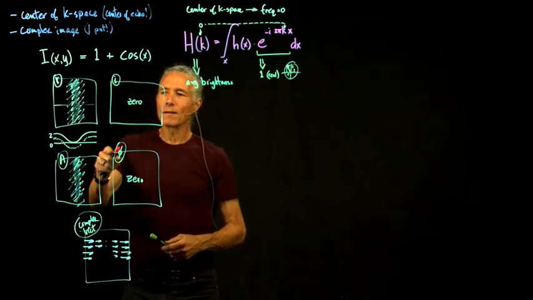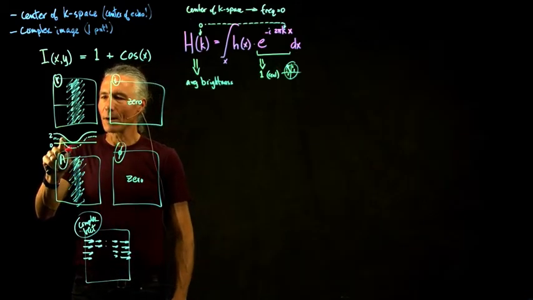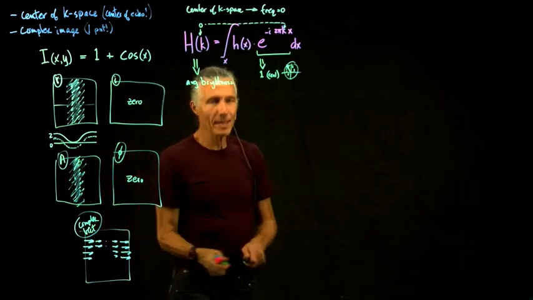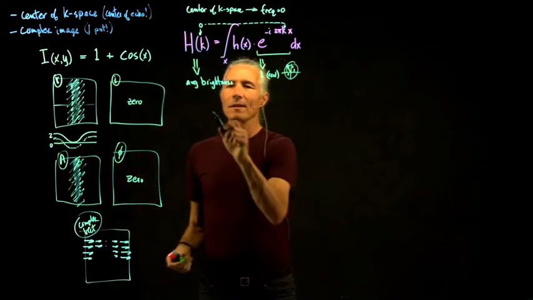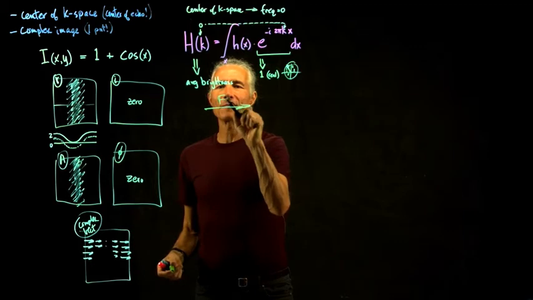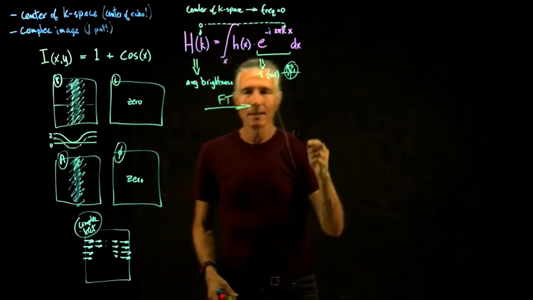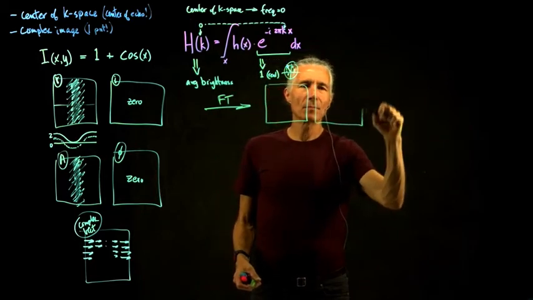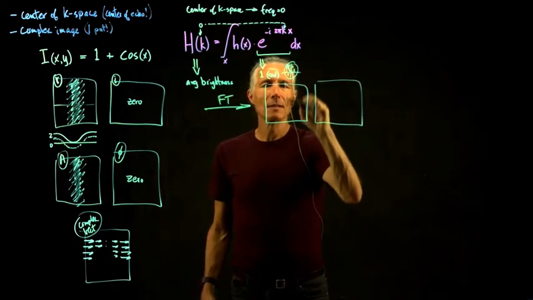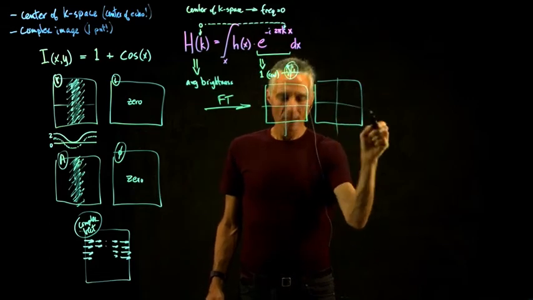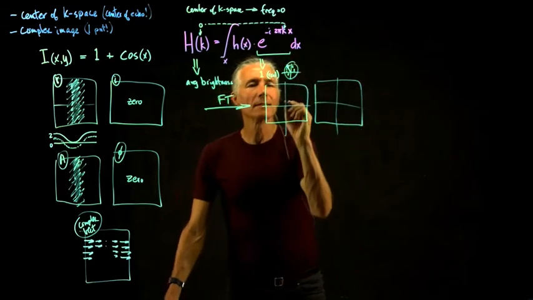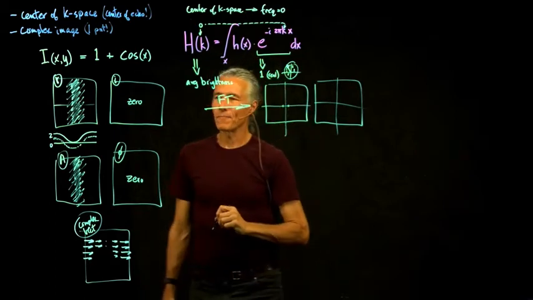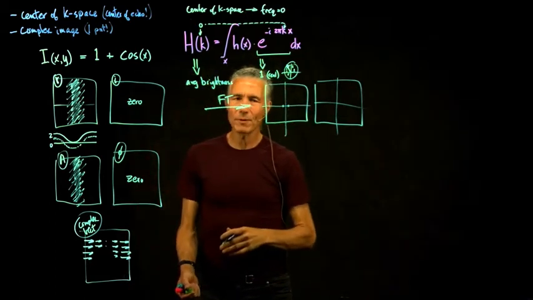But now our average is not 0. Our average is going to be 1. And so what will we get when we do our Fourier transform? We'll get something in the middle of k-space. There's only one spatial frequency in here, so we'll get 2 points for our positive and negative frequency 1.